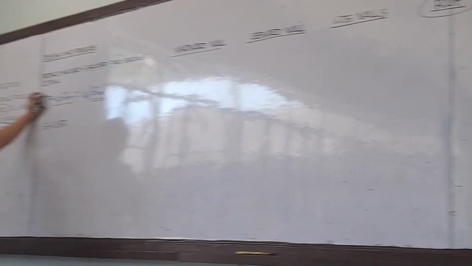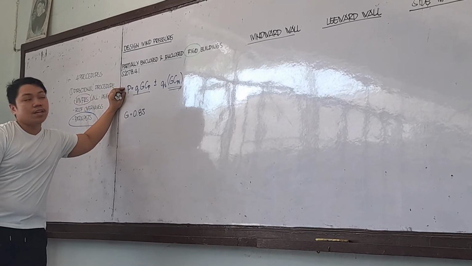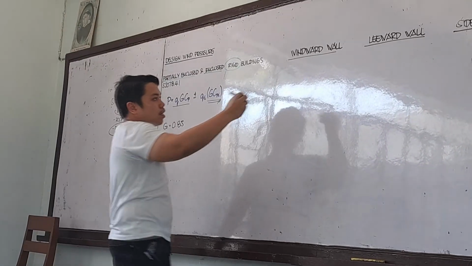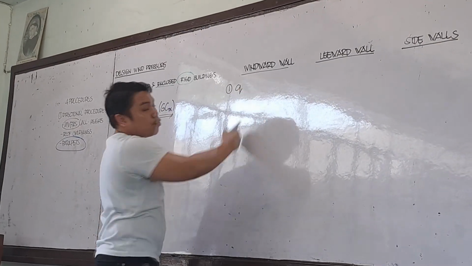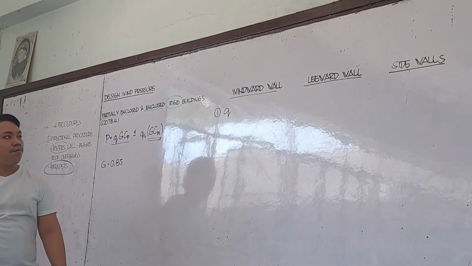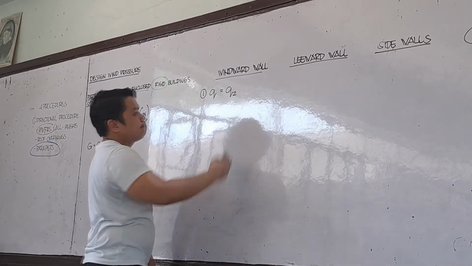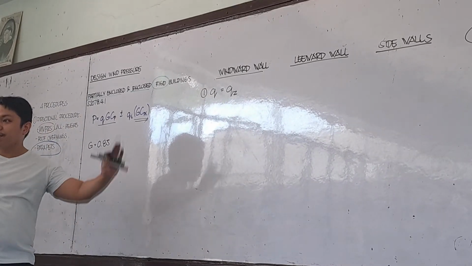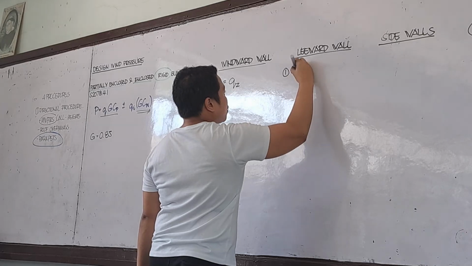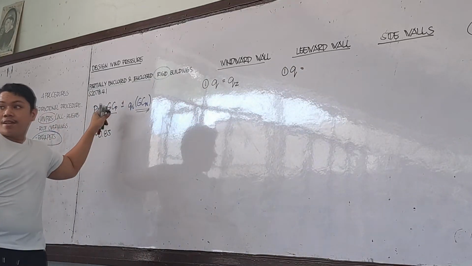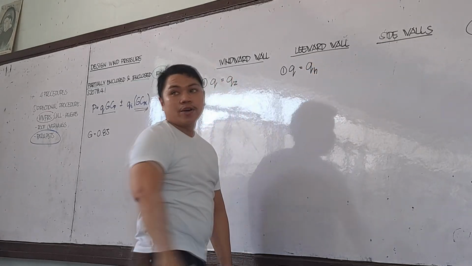What is the effect of our wind pressure for the windward wall? For our windward wall, the value of q is equal to qz. For the leeward wall, using this equation, the value of q would be qh.